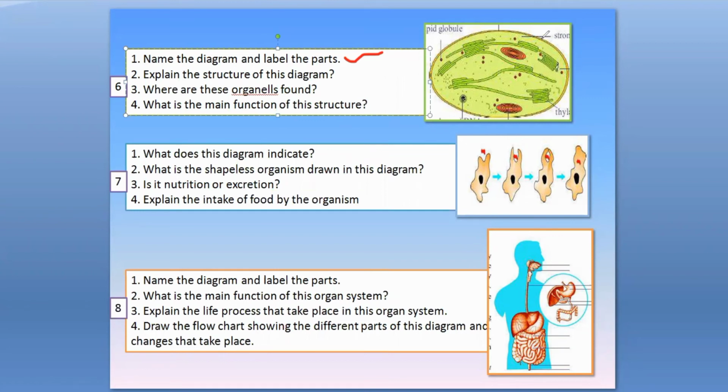This cell organelle is most important to carry out photosynthesis. It is oval shaped and surrounded by a double membrane. It has thylakoids, and the liquid part is called stroma.